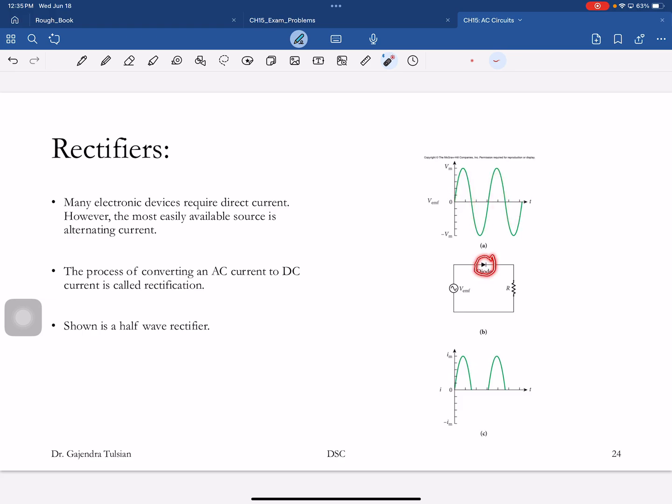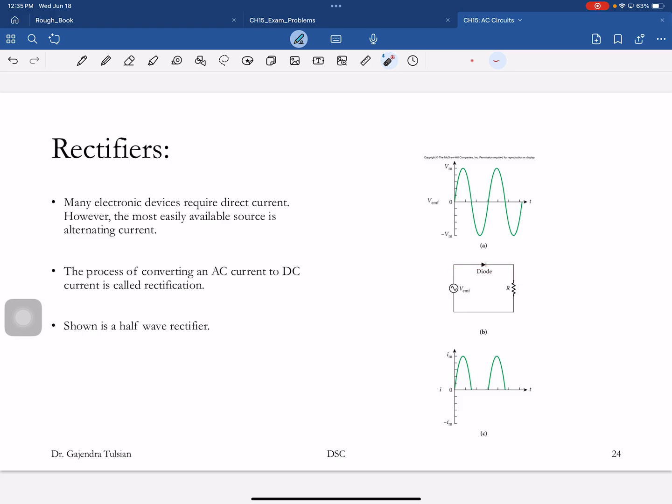Here's a diode. A diode essentially is a one-way gate. It only allows current this way, and it doesn't allow current this way. So you connect a diode to an AC source and watch the voltage across here. If you connect a voltmeter here, this is what you see: only the voltage during the cycle where the current is passing this way.